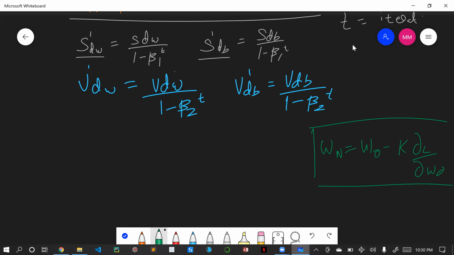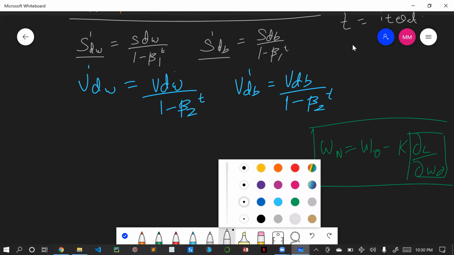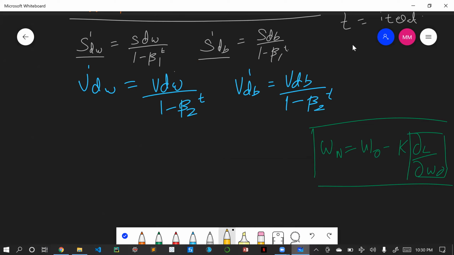When we are using the Adam optimizer, this part, the derivative of loss with respect to the derivative of W, will change like this. We just need to write W new is equal to W old minus learning rate.